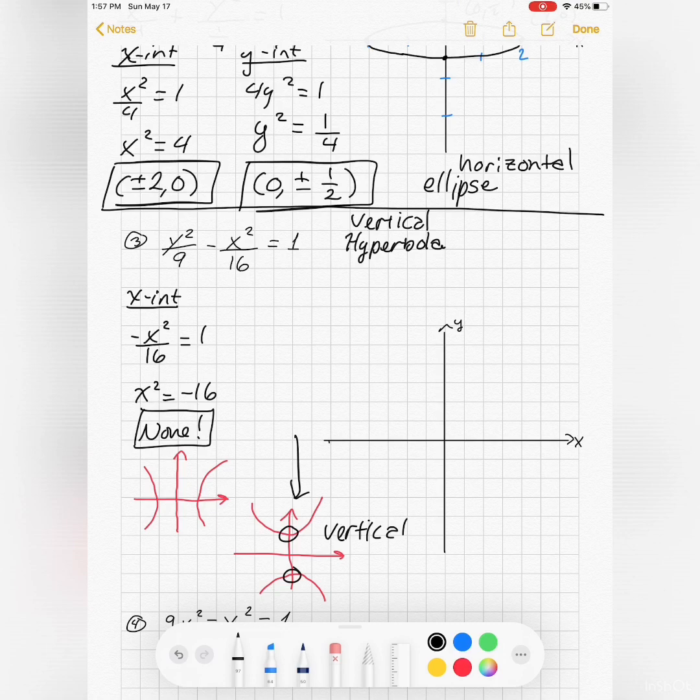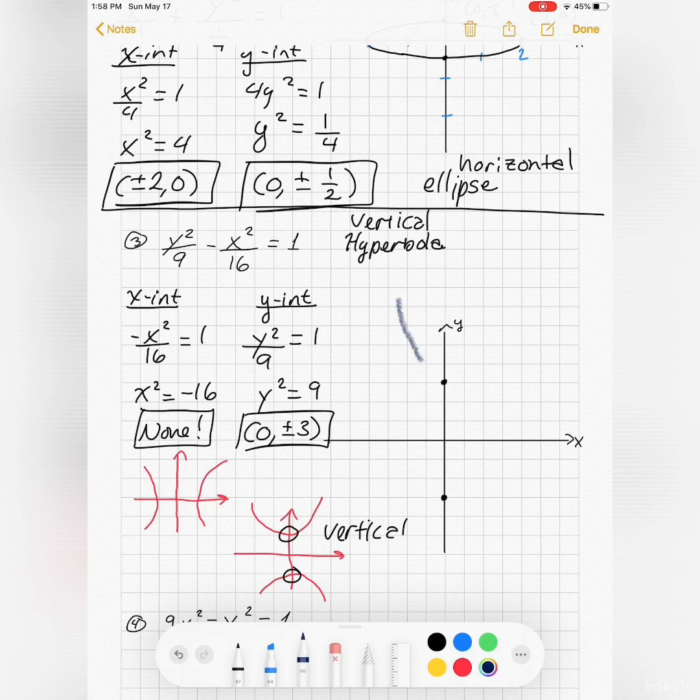Okay, but let me find the y-intercepts. So if I set x to 0, so you see those ones I can read off again. There are those. All right, so I know roughly my graph's going to be something like that.